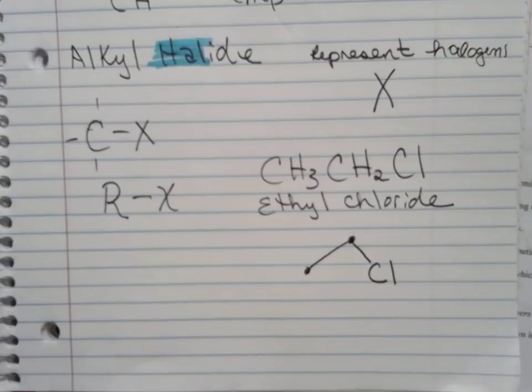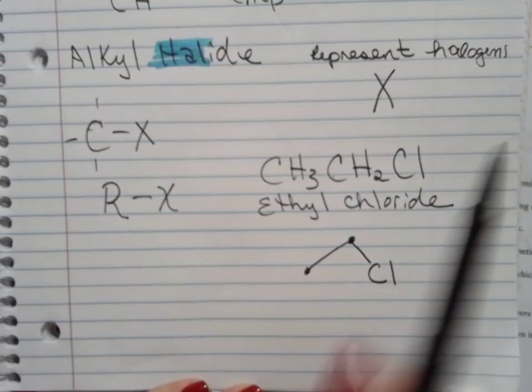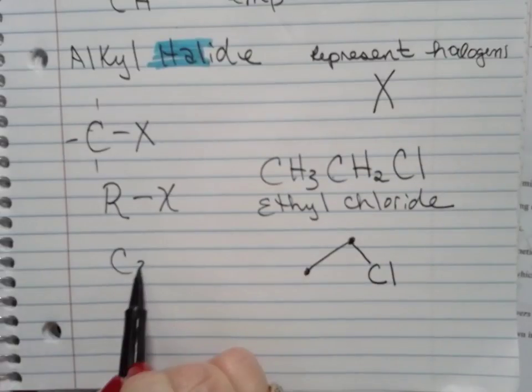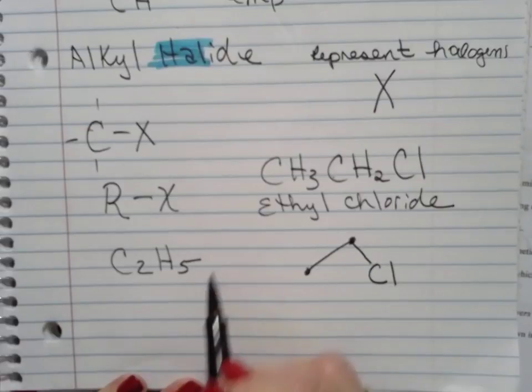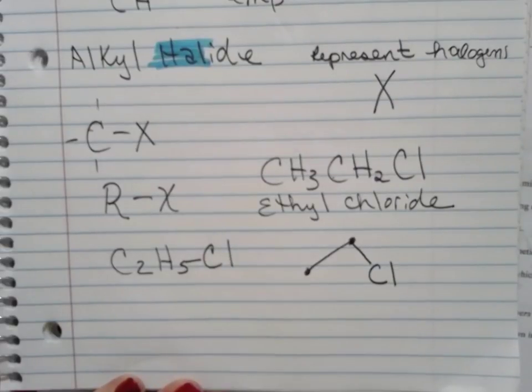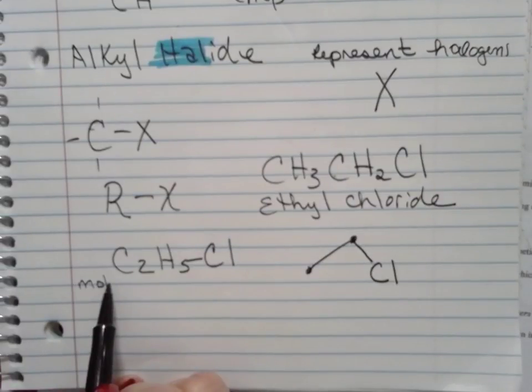Now, again, we're going to go ahead and look at our molecular formula. I've got C2H5Cl. So now this would be a molecular formula. Would the empirical formula be any different?